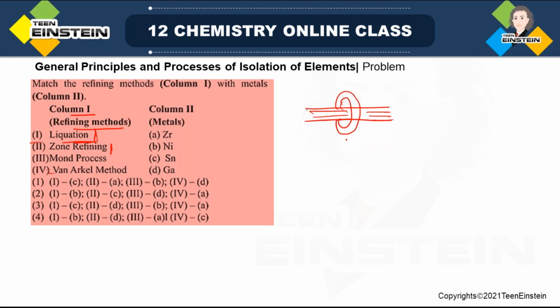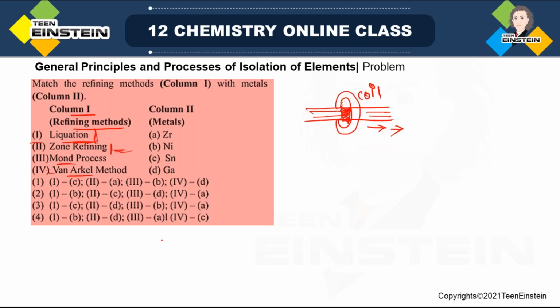Now the impurity having a higher melting point, so when the coil is here, there will be only the metal in liquid form. So gradually it will be in melted condition and it will be transferred towards the right hand side. This method is discussed in detail with a picture, and we have seen this method is mainly used for group 13 or 14 metals, that is gallium. Even if you have any doubt about these also, just go for the next one.